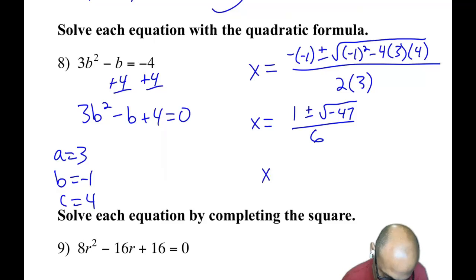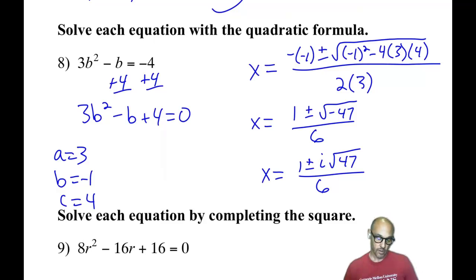And so that's going to be x is equal to 1 plus or minus i times the square root of 47 all over 6. I think that's right. Hope so.